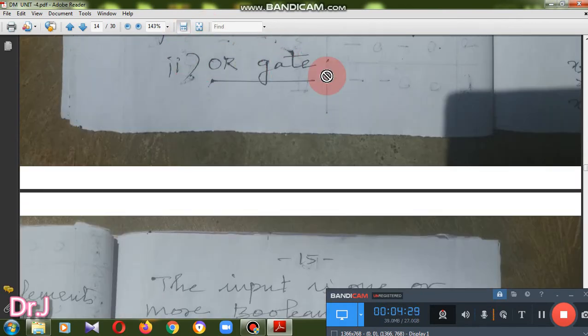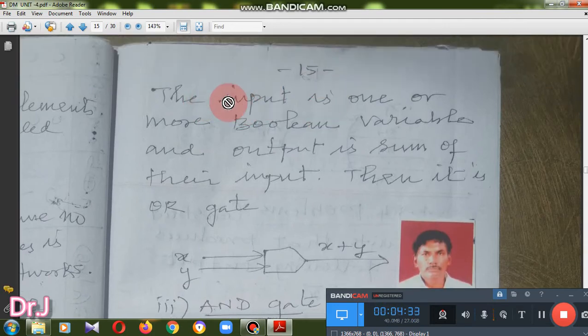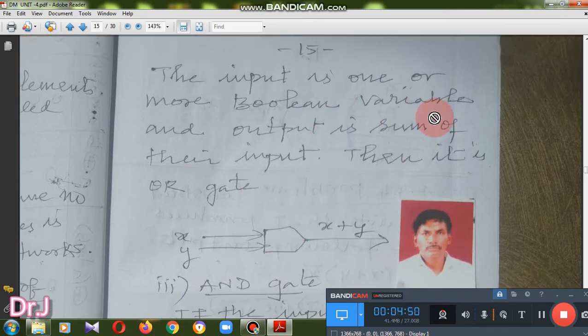Another one is called the OR gate. What is the OR gate? Suppose one or more Boolean variables are coming in as input and the output is the sum of their inputs. Then it is called the OR gate. Sum, or otherwise we say join, or plus, like that. Look at the picture here.